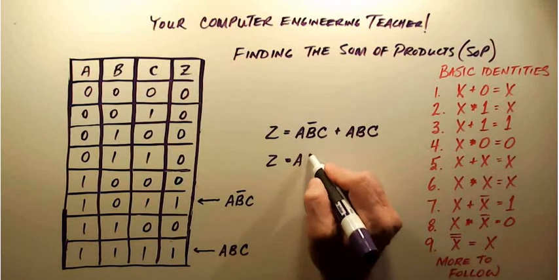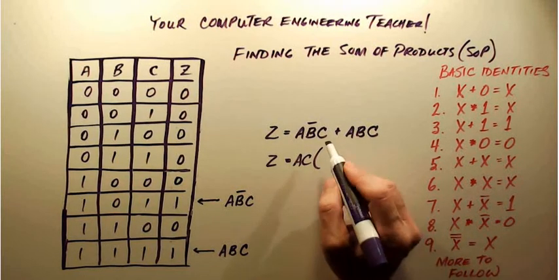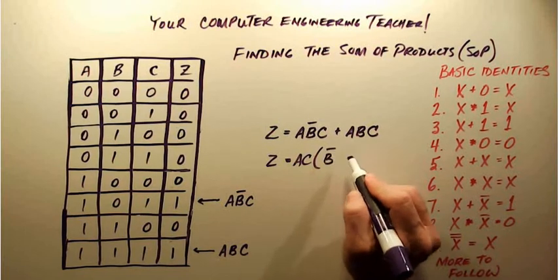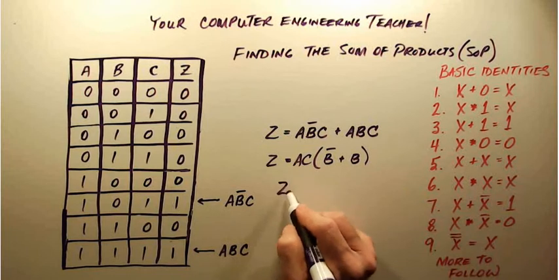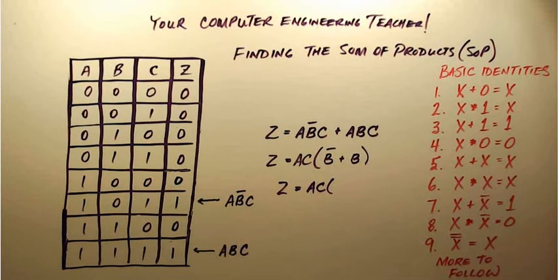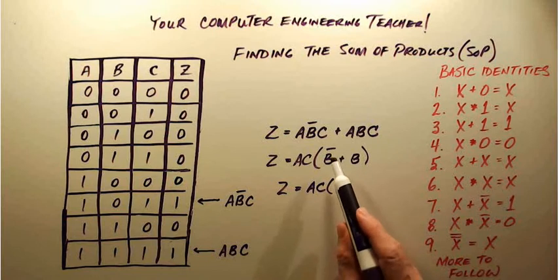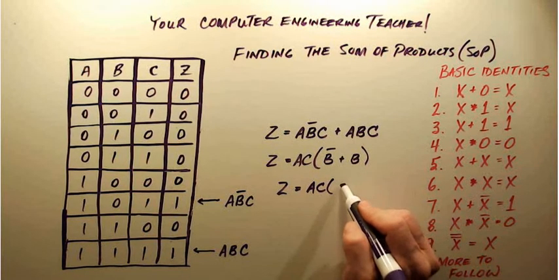We can take out AC, and what that leaves us is B naught plus B. So Z is equal to AC times, well, this is where we can look at our basic identities and recall that if we have something like B naught plus B, which really follows identity 7 here, then B naught plus B is really equal to 1.